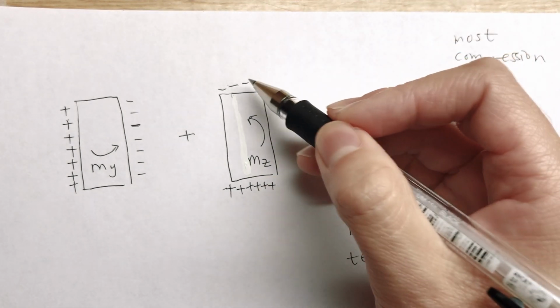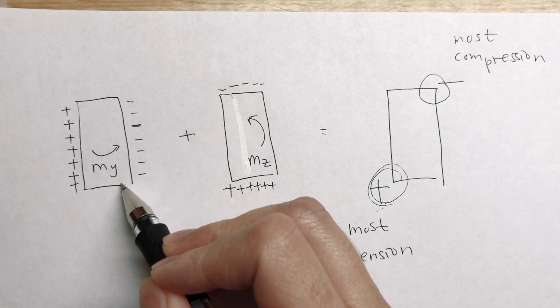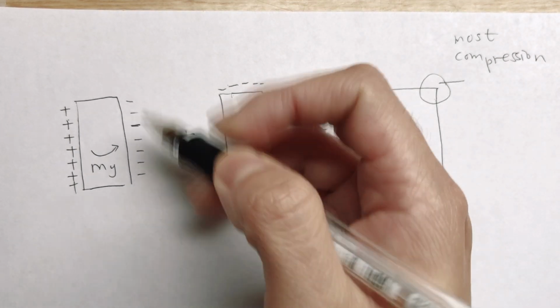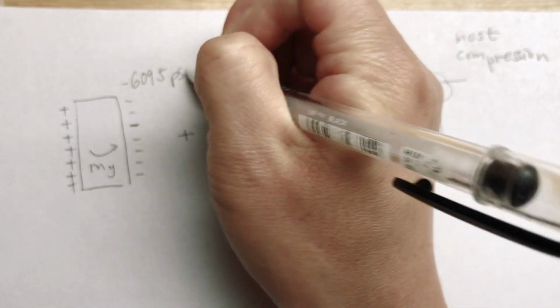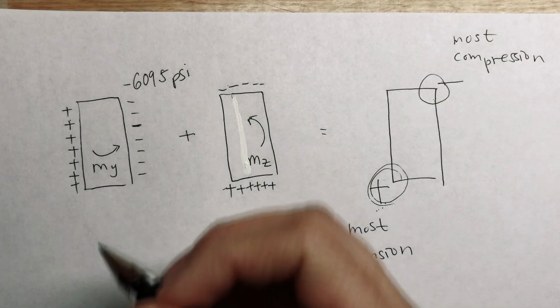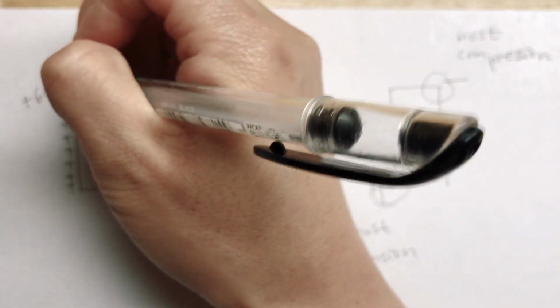We know that for My, here it's negative 609.5 psi. On the left, it's going to be positive 609.5 psi.